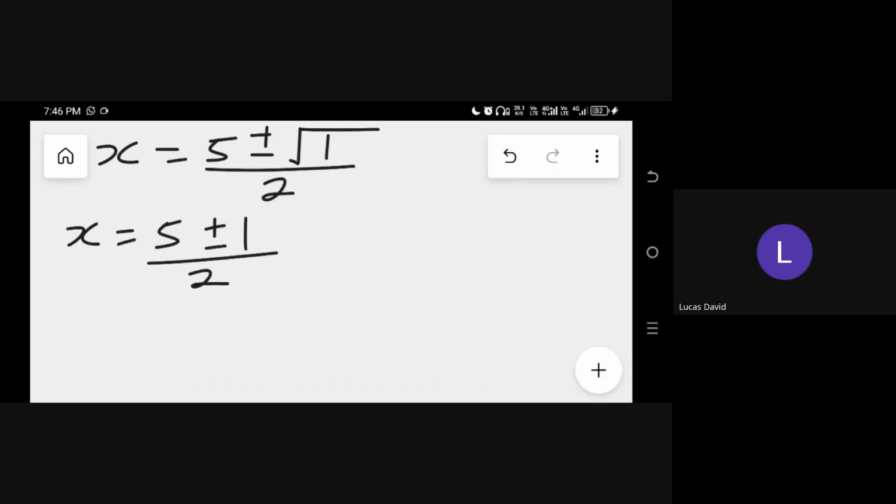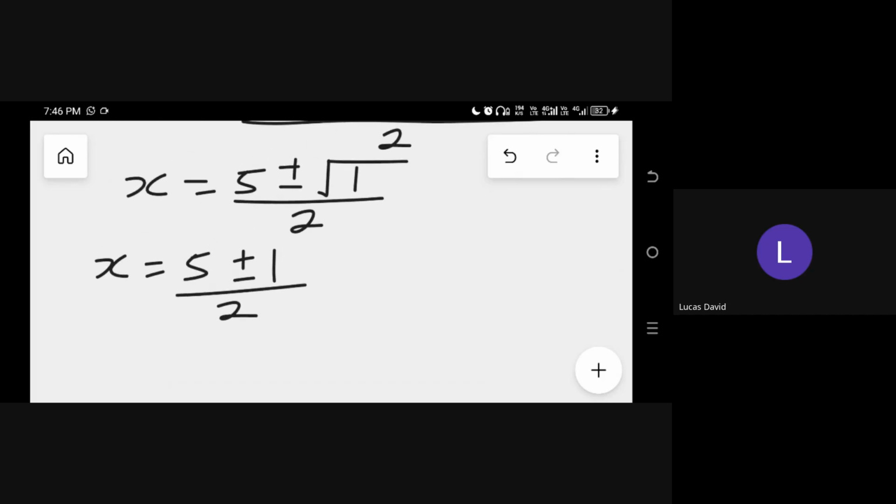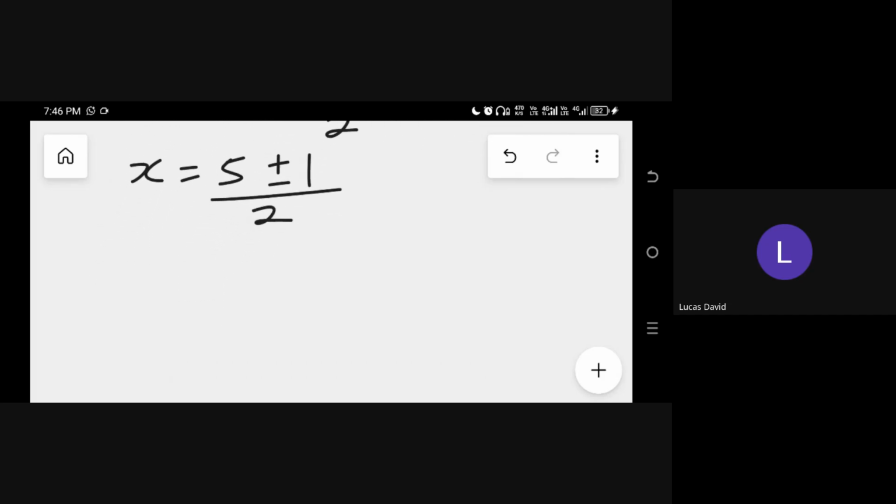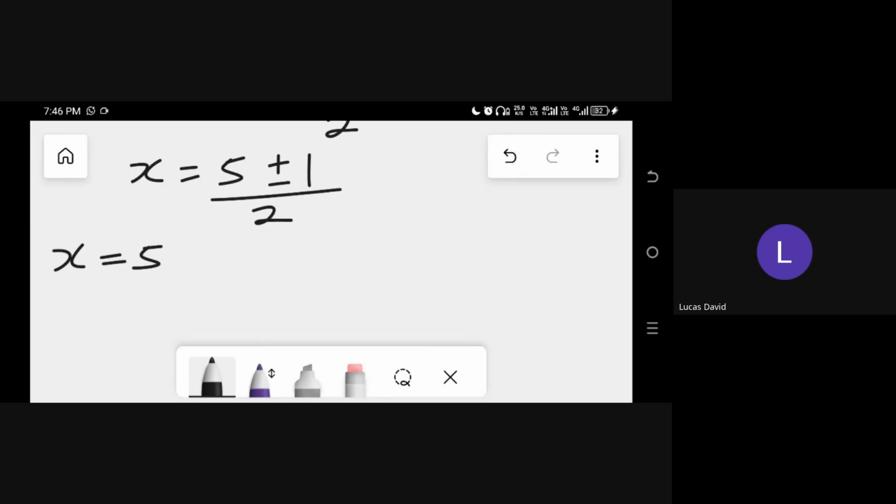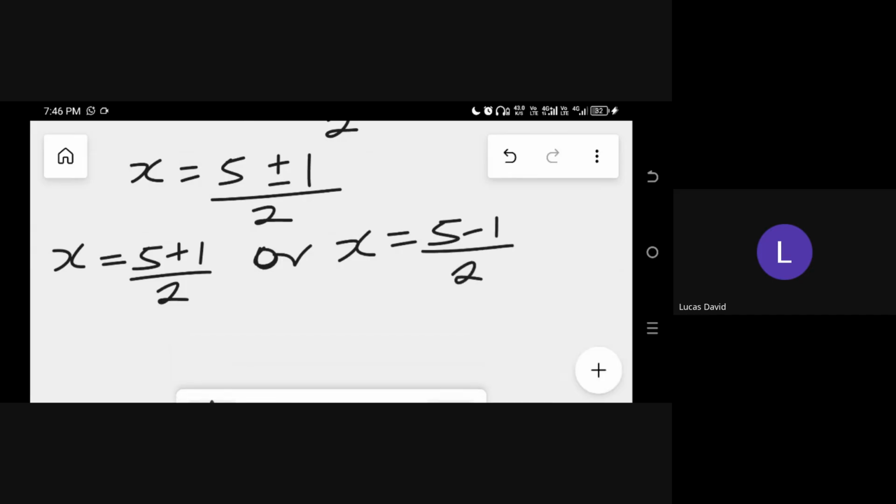When you get to this stage, you would have to separate them now, because of the plus or minus. So you take one part separately and the other separately as well. So here you have s is equal to 5 plus 1 over 2, or s is equal to 5 minus 1 over 2, because it's a quadratic equation.